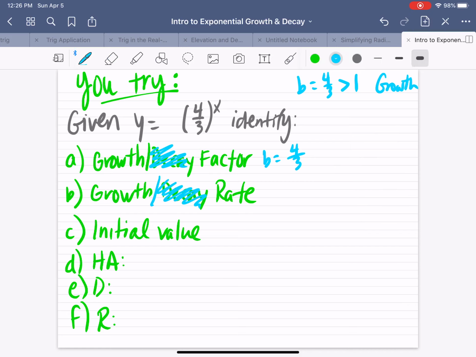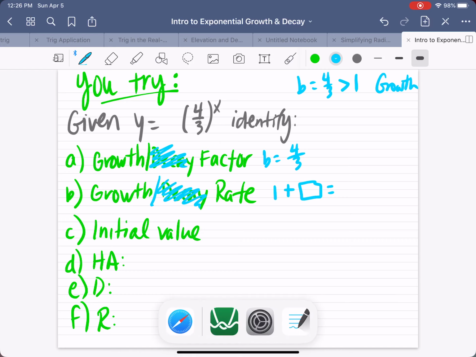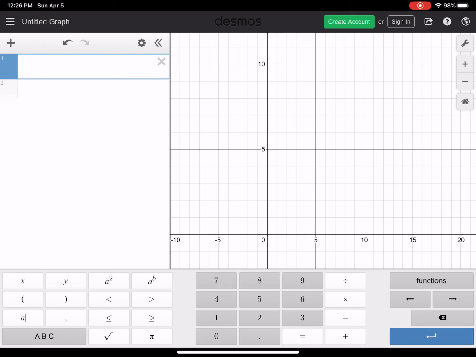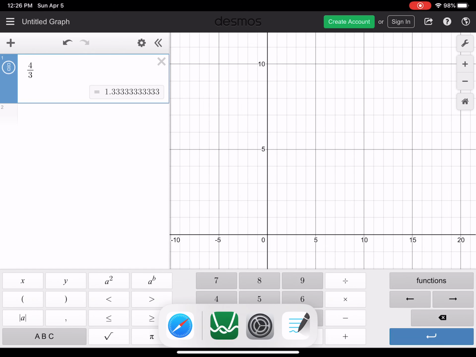Since it is a growth, you have to do the following: 1 plus some number has to equal 4 over 3. Now, 4 over 3 as a decimal is 1.33333.